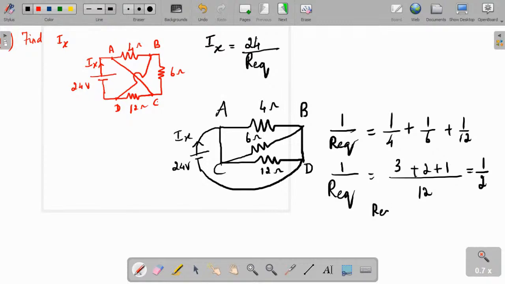So R equivalent is 2 ohm. Now substituting, it is 24 divided by 2 ohm, which is 12 ampere. So Ix is equal to 12 ampere.